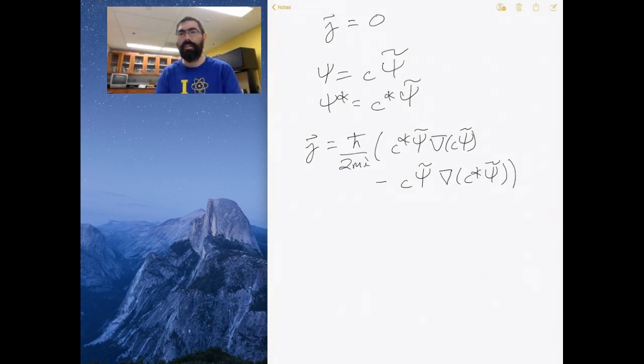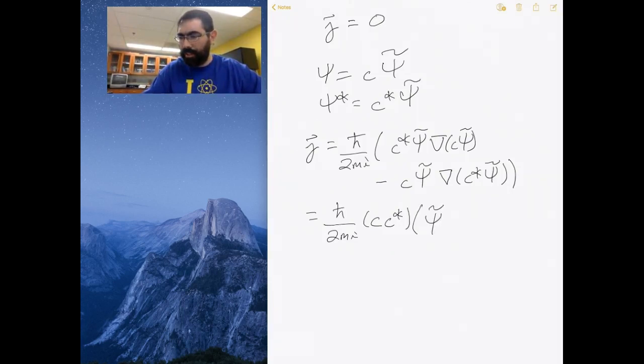Now all of the ψ's have become ψ̃'s, so we can factor out the coefficients, c c*, and what we're left with is ψ̃ times the gradient of ψ̃, minus ψ̃ times the gradient of ψ̃, which is basically equal to 0.